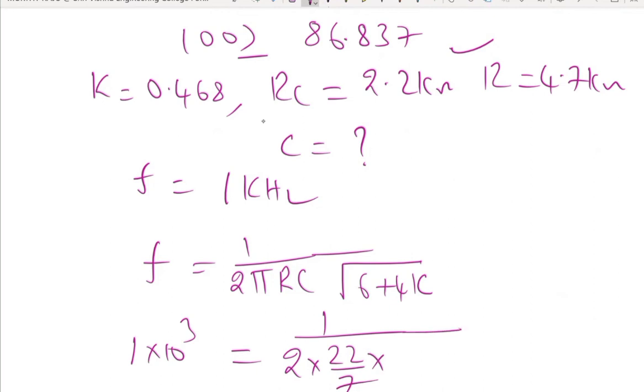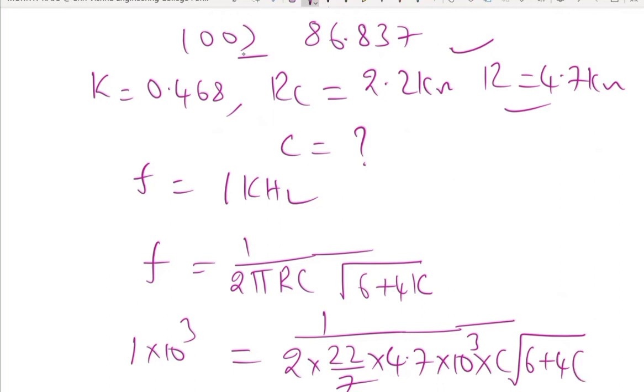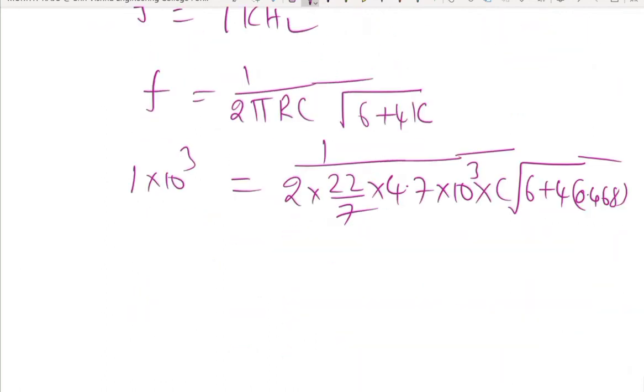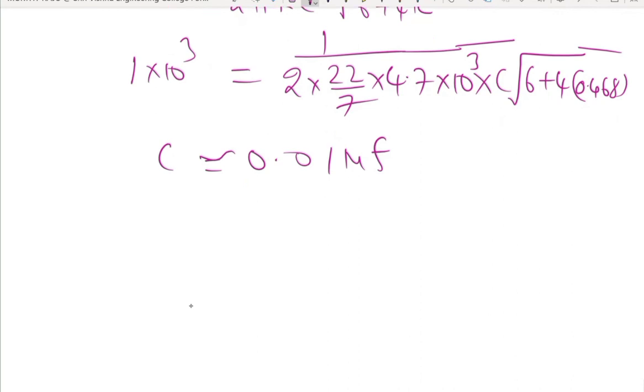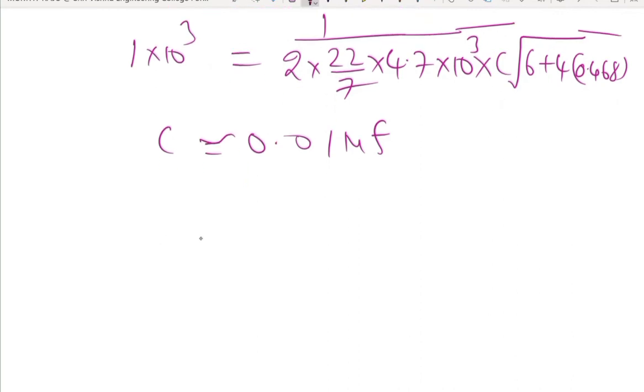R value is 4.7 into 10 power 3. C value we don't know. 6 plus 4 into K value 0.468. Finally, from this expression we get C is approximately 0.01 microfarad. Total design circuit is complete.